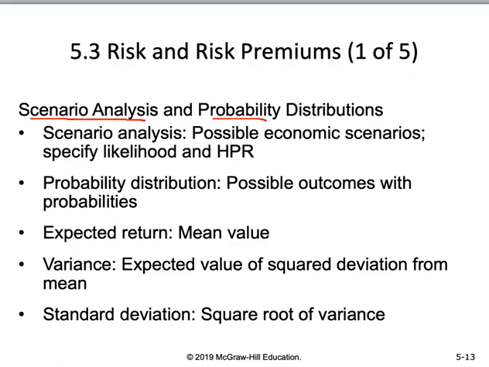Some detractors say that returns in the markets do not follow a bell curve or normal distribution, but for now we're learning traditional finance and investing, and we're going to assume that they do follow a normal distribution.